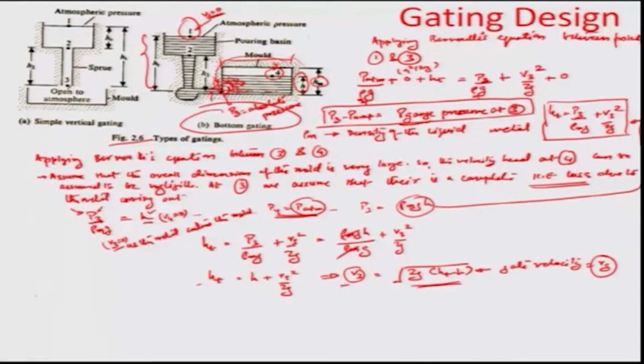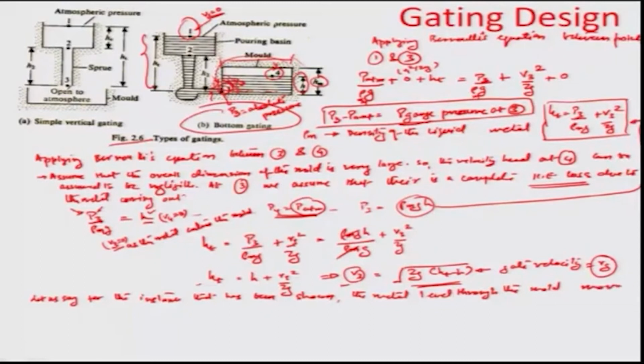So, let us say for the instance that has been shown, the metal level in the mold moves up through a height d h, in a time instance d t.